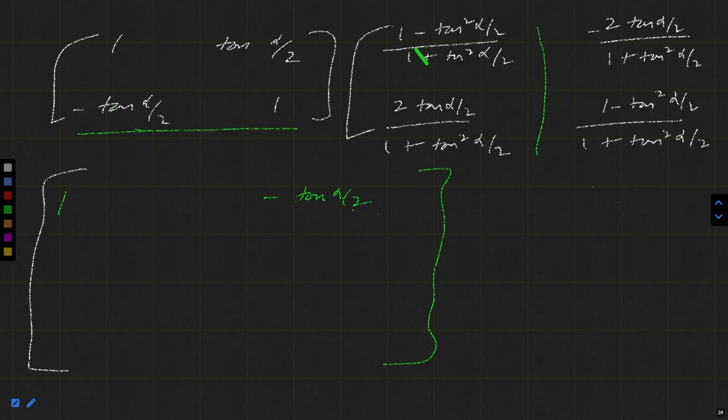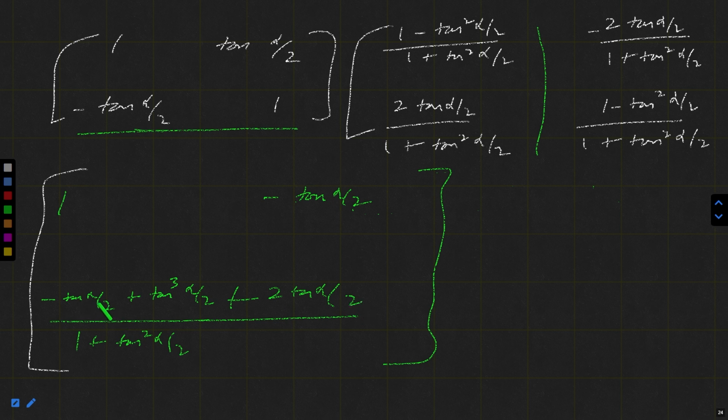So you will have minus of this and this. Let me just simplify things. After multiplying, you will have minus tan alpha by 2 plus tan cube alpha by 2 divided by 1 plus tan square alpha by 2, because of the same denominator, and this will be plus 2 tan alpha by 2.